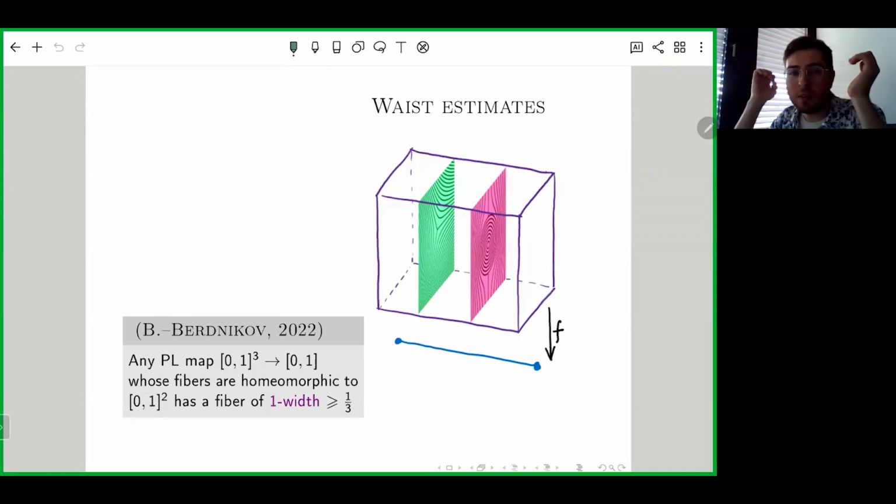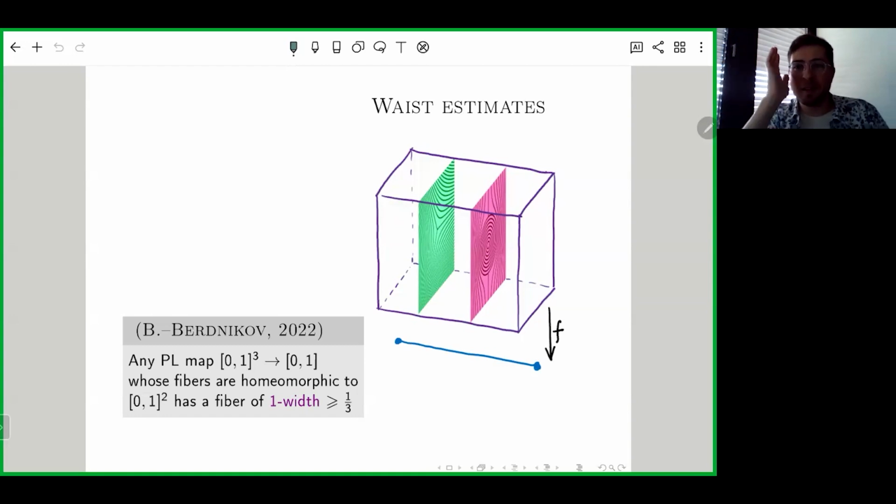And each of them, assuming the contrary, has small one-width. Let's prove then the whole cube will have an upper bound on the width, which will contradict the obvious bound that we started with: the cube had a certain two-dimensional width. Sorry, I think I confused myself and I said one width instead of two width.